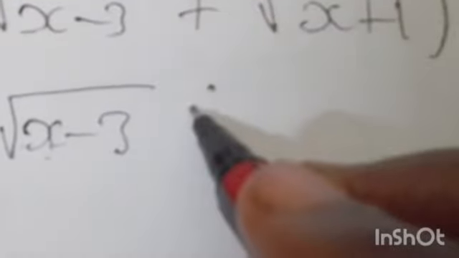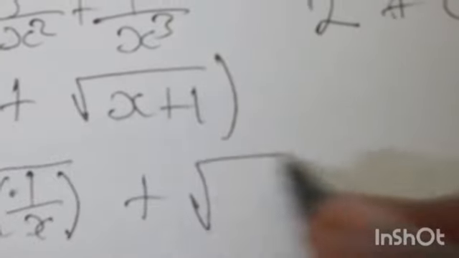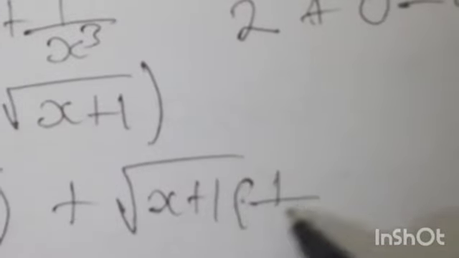Inside the bracket here, we have root of x minus 3, and we multiply it by 1 over x. Also, plus root of x plus 1, we also multiply it by 1 over x.